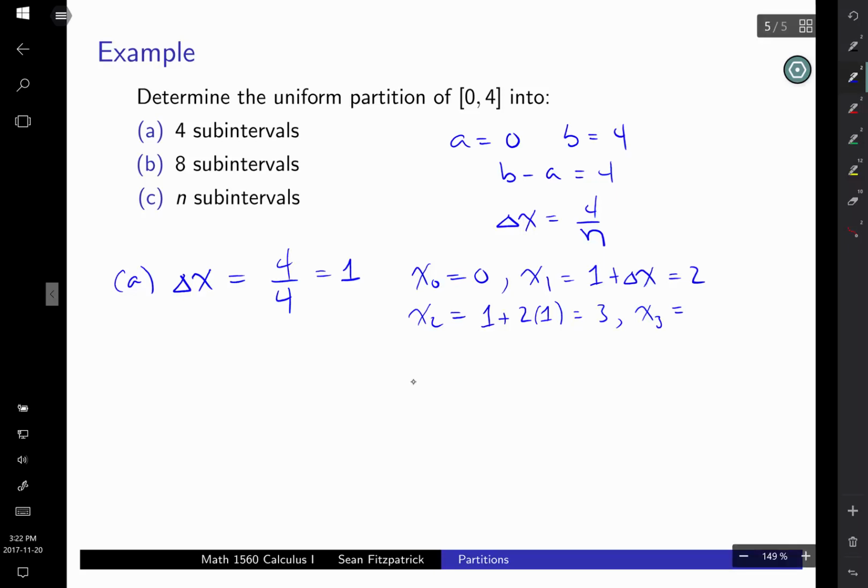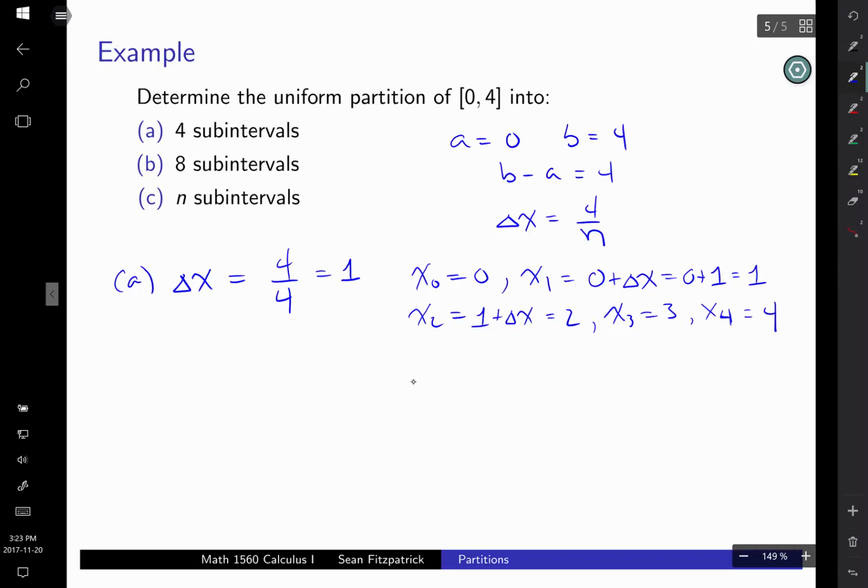Oh, sorry, I realized what I did wrong here. I knew I was getting too far ahead. x naught is 0, so x1 is 0 plus delta x, so 0 plus 1, which is 1. x2, I do x1 plus delta x, so 1 plus 1 is 2. x3, I get 2 plus 1, I get 3. x4, I do 3 plus 1 more, I get 4.